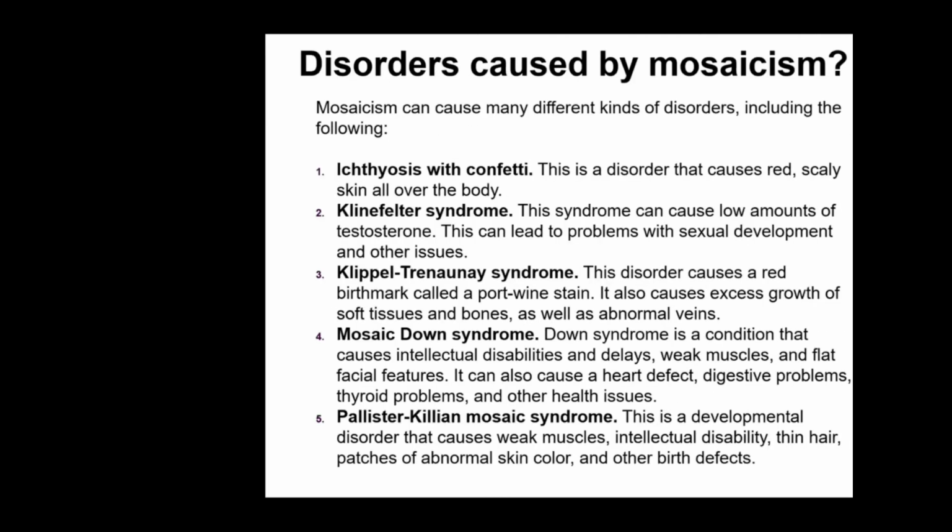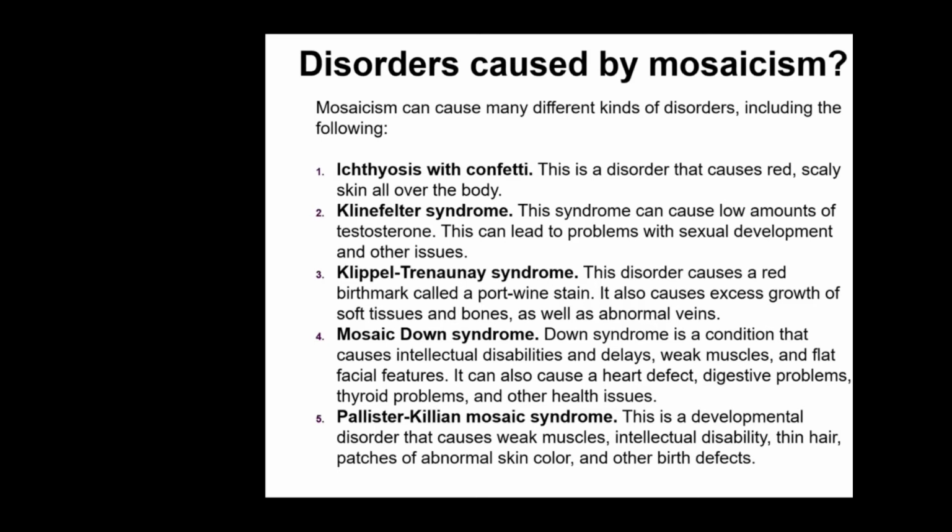Mosaicism causes several disorders in humans, and some of these disorders include ichthyosis with confetti. This is a disorder that causes red, scaly skin all over the body. Then we have Klinefelter syndrome, and in this syndrome, a low amount of testosterone results, which can lead to problems such as sexual development and other issues.